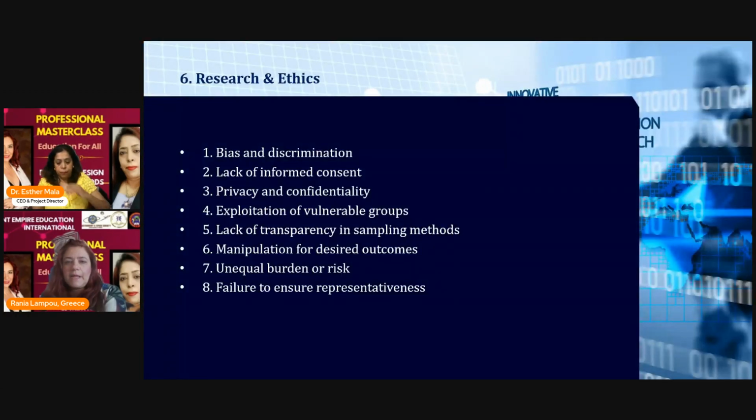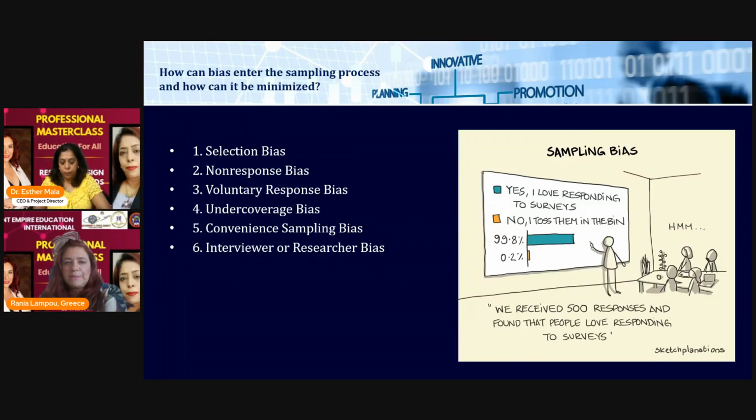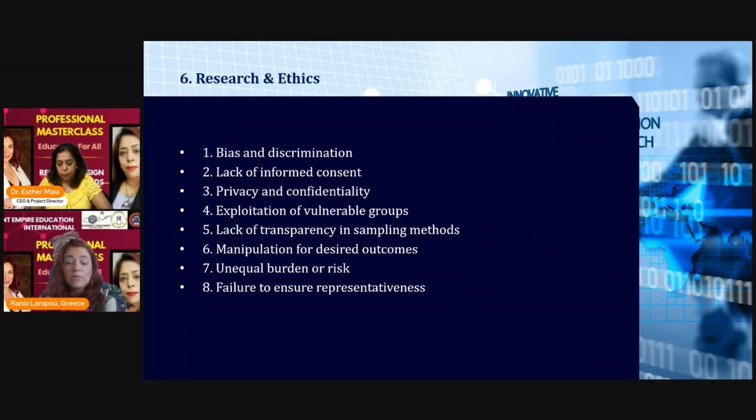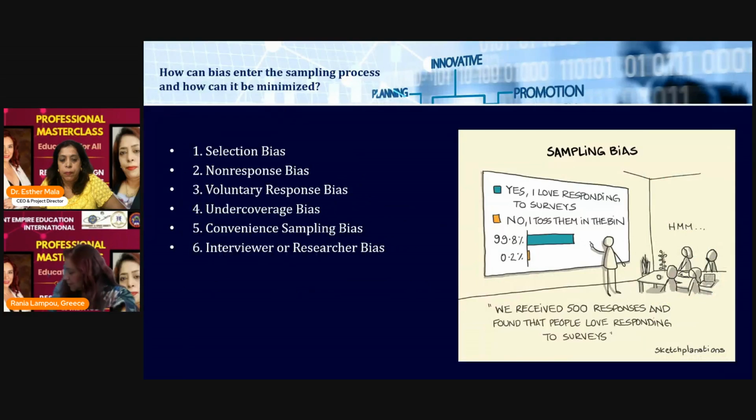So, concluding, about ethics, we have explored this in previous sessions: it's very important to have informed consent, and to address issues of privacy, confidentiality, the unequal burden of risk, and the exploitation of vulnerable groups. Sampling should not exploit individuals or communities. And about bias, we need to know all these definitions: selection or response bias, voluntary response bias, and coverage bias.